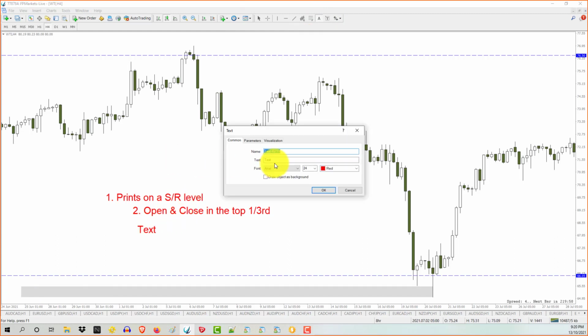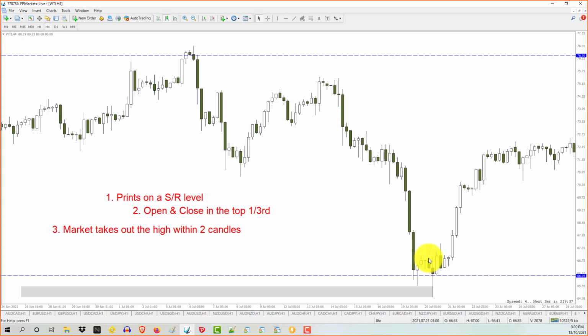And then we want to see the market take out the high within 2 candles. So again, you put a buy stop above the high, it takes out the high, the stop loss goes down below the low, and you're off to the races.